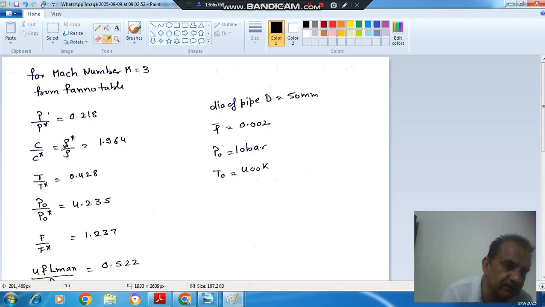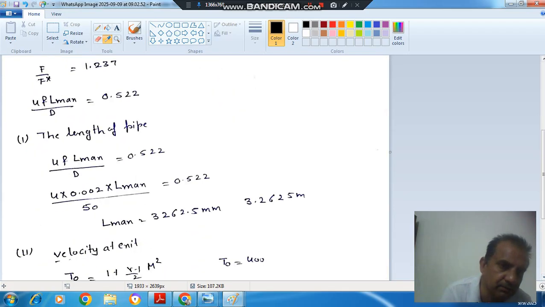C by C star is equal to rho star by rho is equal to 1.964. T by T star is equal to 0.428. P naught by P naught star is 4.235. f by f star 1.237 and 4 f L max by D is 0.522.